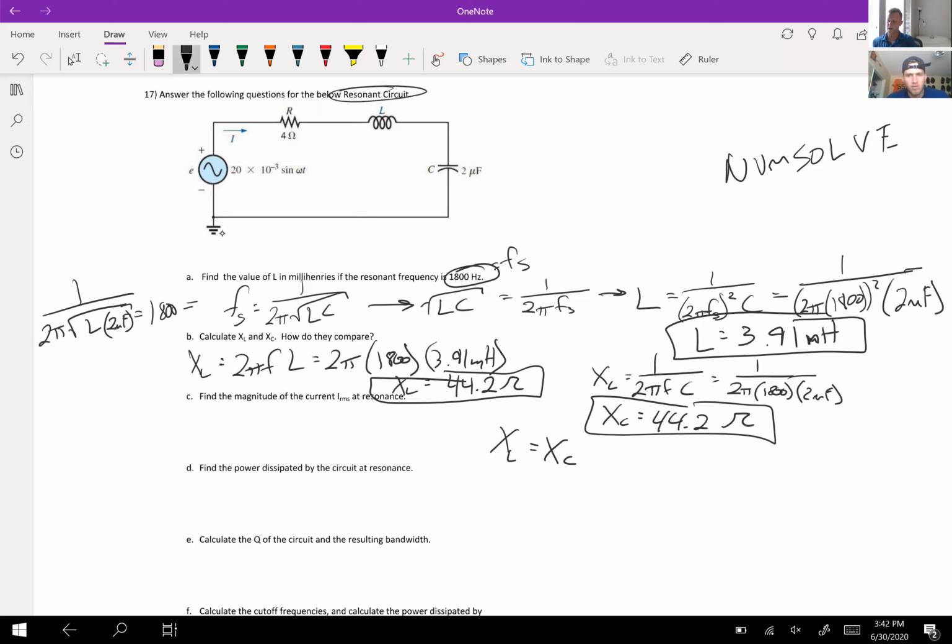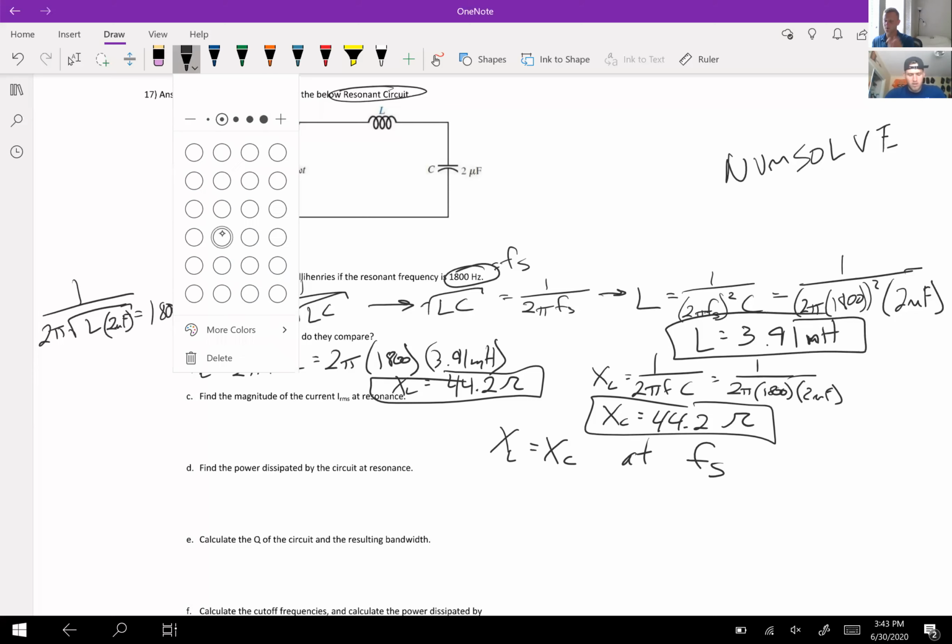XL equals XC at Fs. That makes sense. And that's where that equation is coming from. I'm setting 2 pi FL equal to 1 over 2 pi FC, and that's where that equation is coming from, is I'm solving for F. Does that make sense? Yes, sir. So that's why it will always work out.